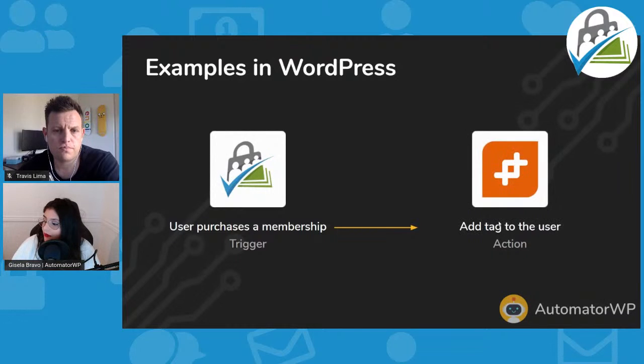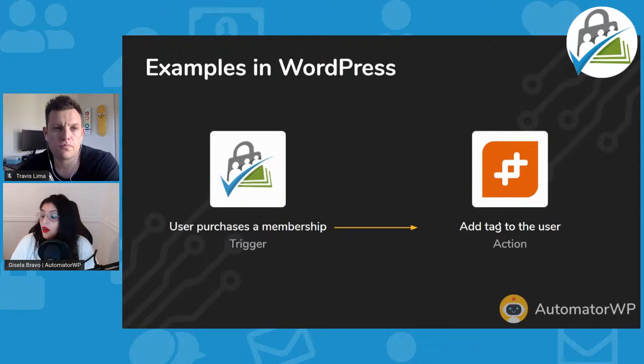So, another interesting automation, and for me my favorite for membership sites, is that when a user purchases a membership, I use WP Fusion. We can tag a user in our CRM.